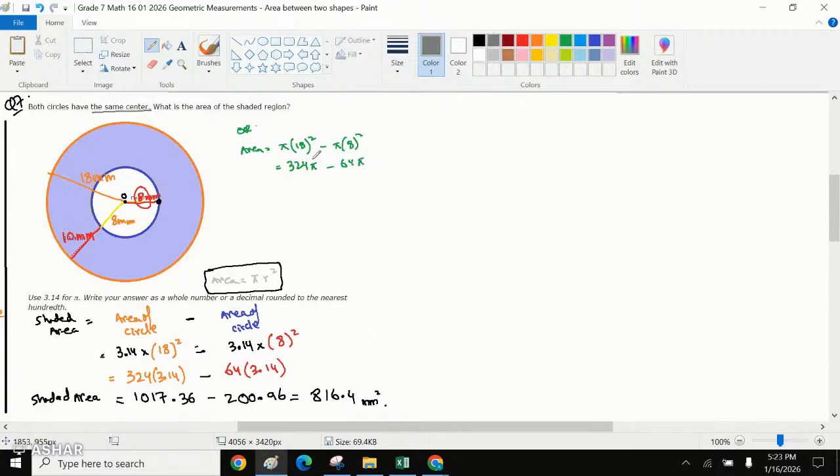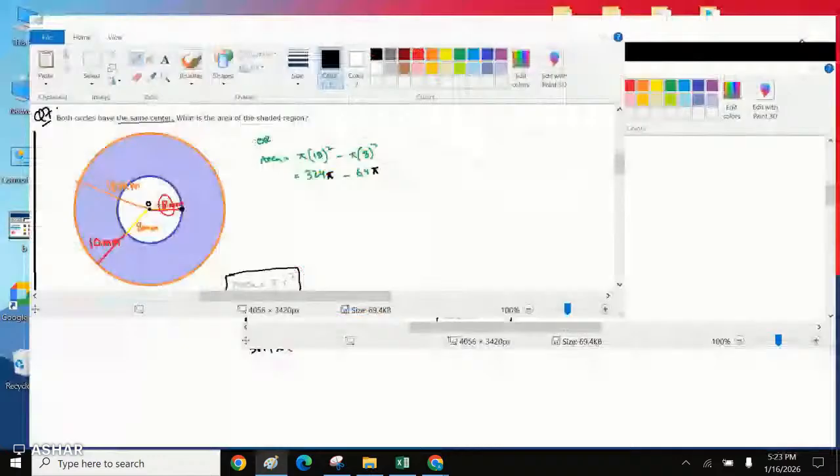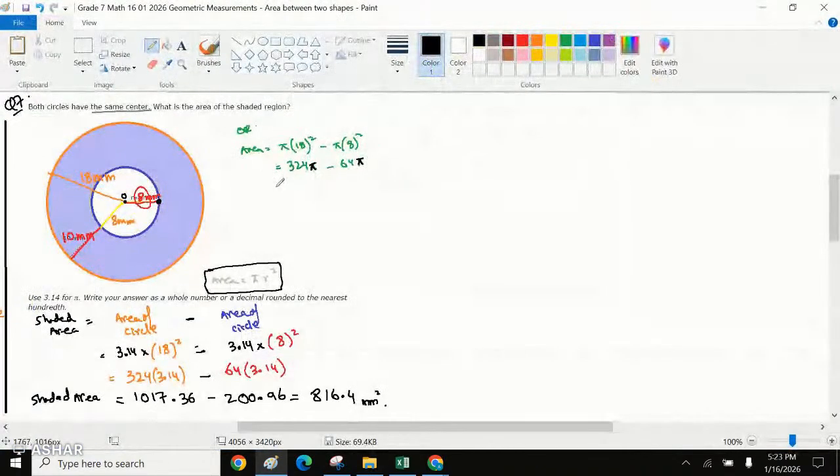Can we see the value of pi in either of these, right? Whenever we have the same value or same variable in either of them, we can take a common factor. We can take pi common, and 324 minus 64 is 260.